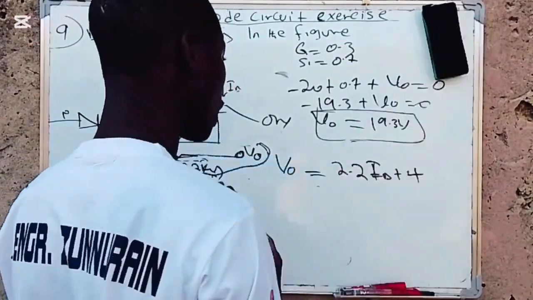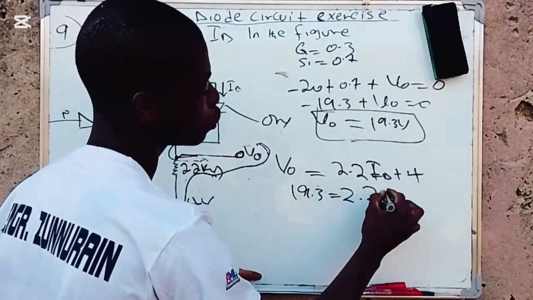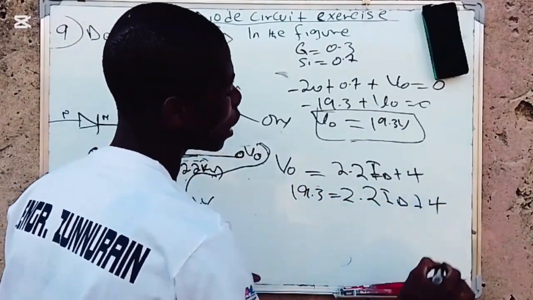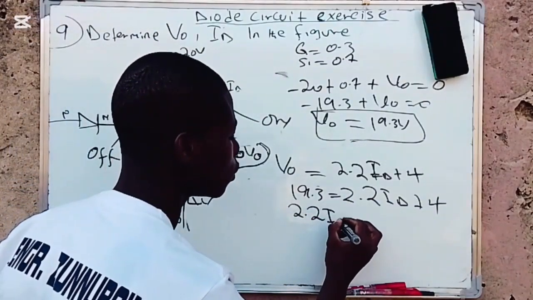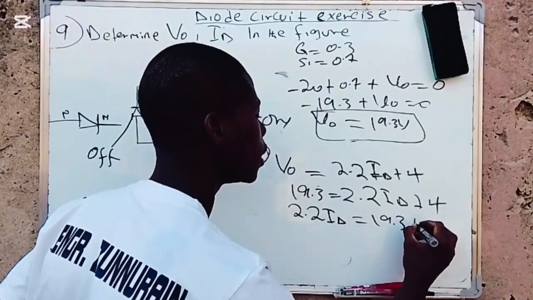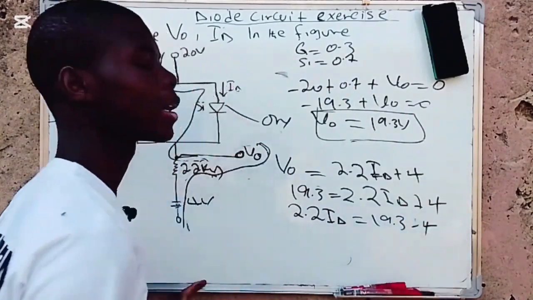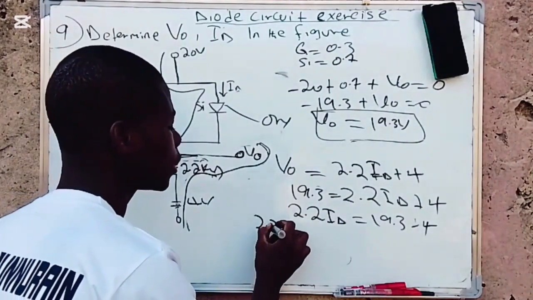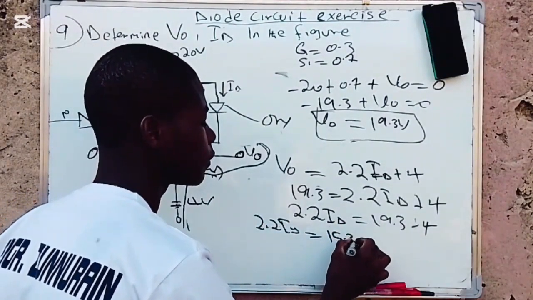So automatically, I have 19.3 equals 2.2 ID plus 4. I'll keep 2.2 ID down, which should be equal to 19.3. When 4 crosses the equal sign, it will be negative 4. So 2.2 ID should be equal to 15.3.